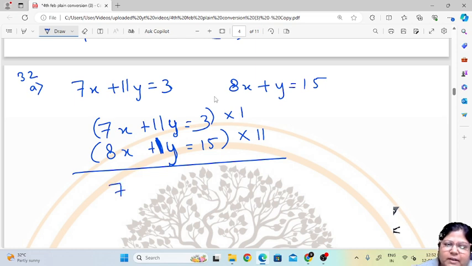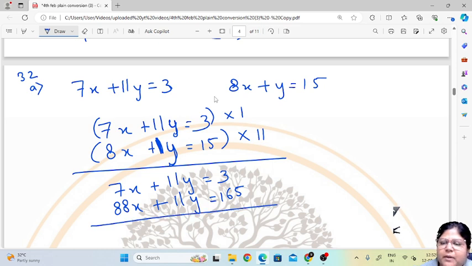Okay, so 7x plus 11y equals to 3. 88x plus 11y equals to 165. When you multiply, you can multiply 15 and 11 by this. 15 and then 15. So it is 165.